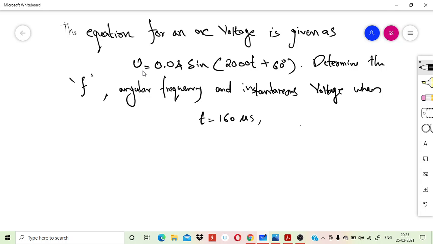So that is our problem. The 60 degree is known as the phase angle, which we will learn in the next class. So for the time being, you ignore the 60 degree.